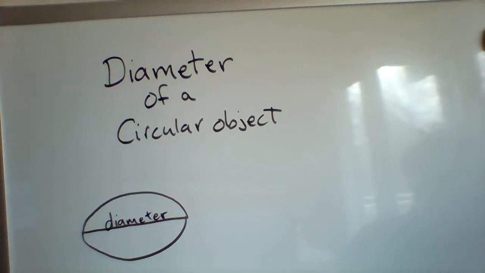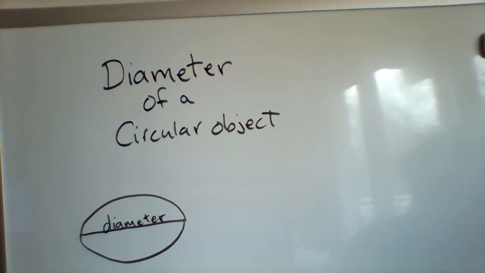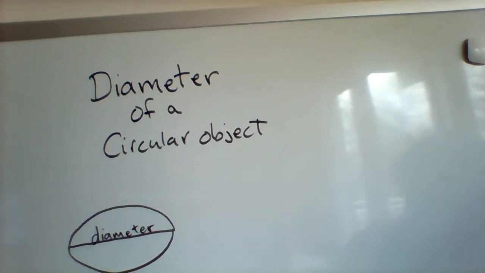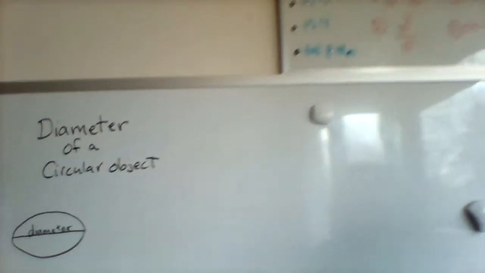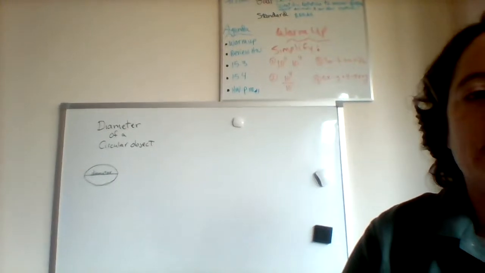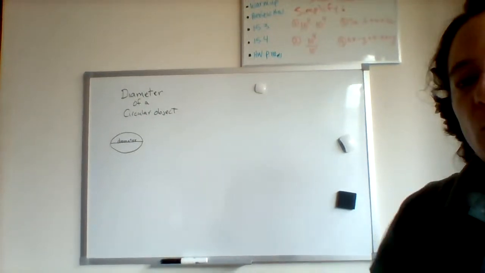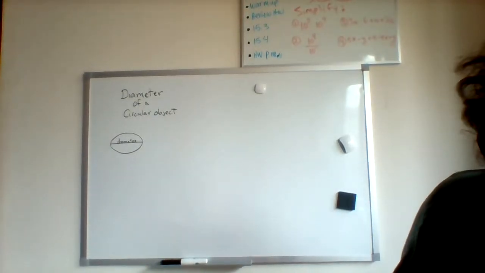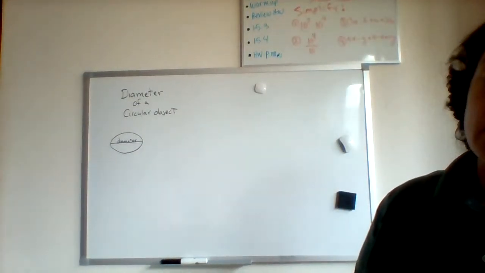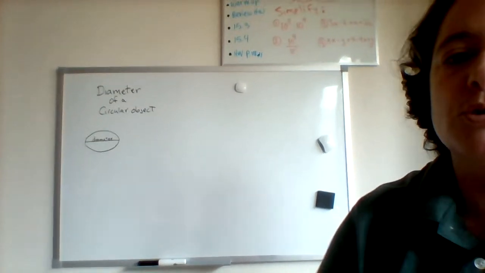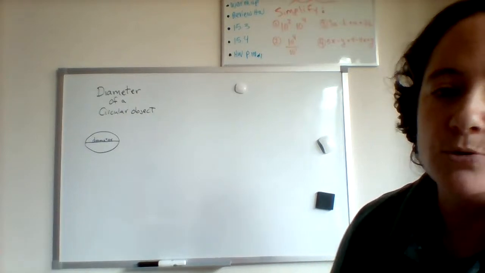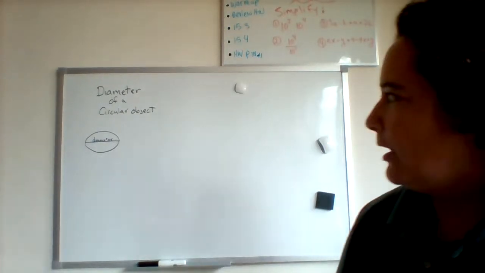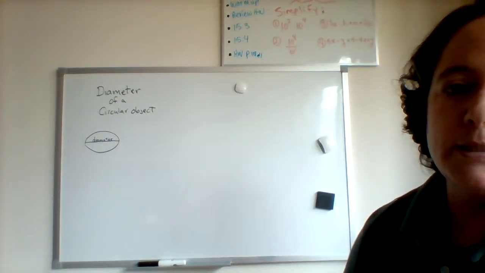Diameter is going to be that line from one point on the circle to the other. And what's significant about the diameter is that it has to pass through a circle's center, which makes it the longest chord, if you will, or line segment in a circle. Because you can do point to point, because circles don't have edges, right? You can do that, and then they're just smaller than the diameter.